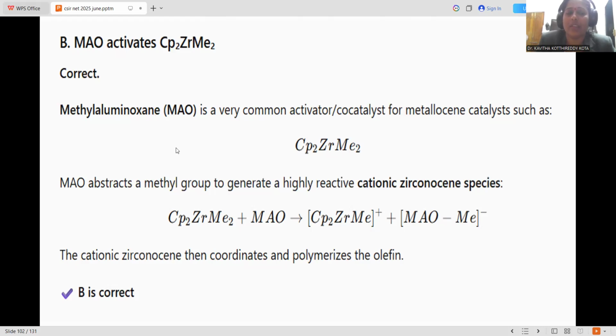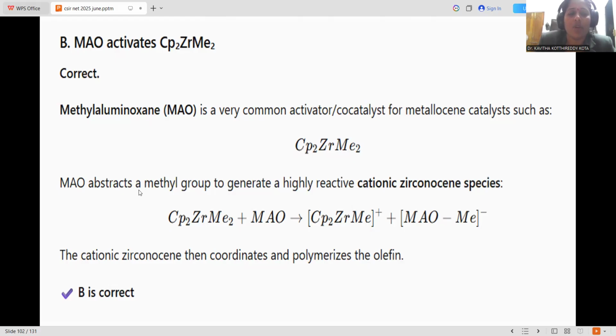In the presence of a co-catalyst, the efficiency of the catalyst gets elevated. So here this methyl aluminum oxide is a co-catalyst for the metallocene catalyst Cp2ZrMe2, whose activity is uplifted by this one, right?